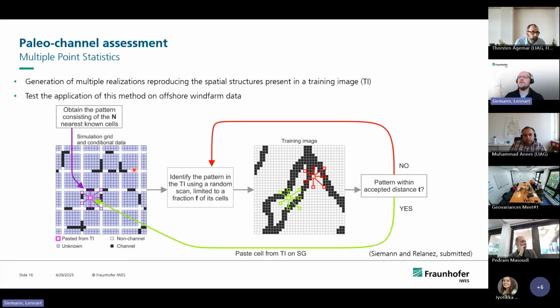We just take a training image and pick up the information from the different lines. And using MPS, we can scan the training images, and wherever we fit the pattern of known data, we can copy and paste the information into our simulation grid, to say it in a short way.